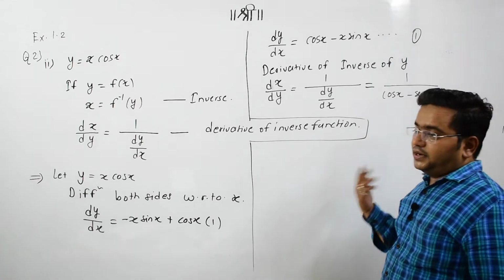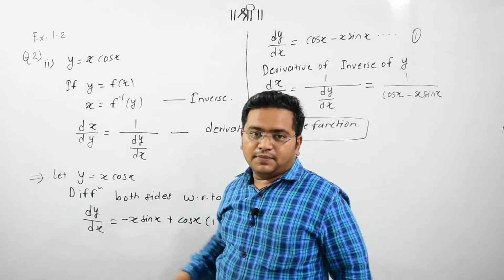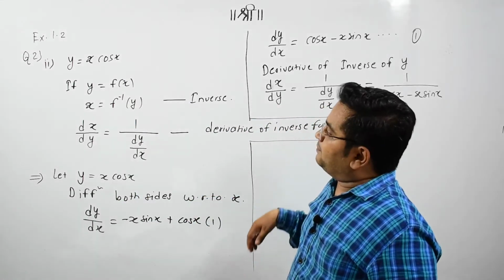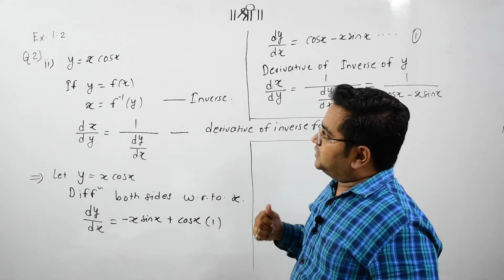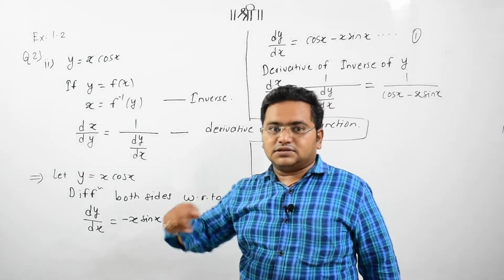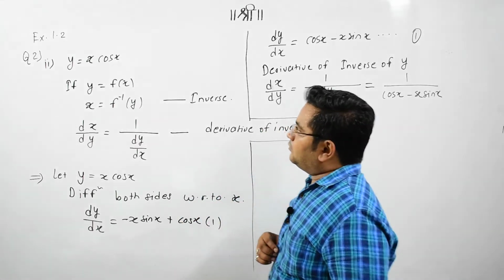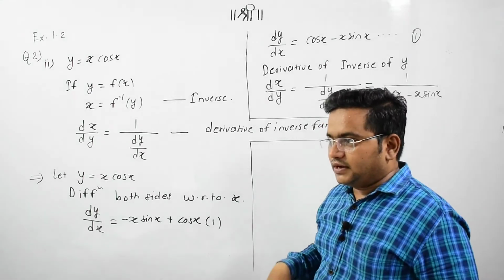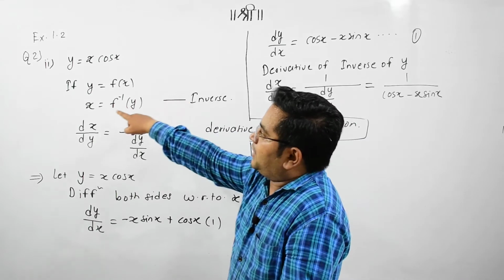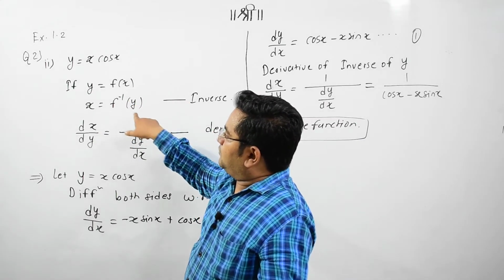If we were finding the inverse of this function initially, which contains the product of two functions, then within this composite function it is quite difficult to find the inverse. The most important point is that. Now what do we need to do? We need to find its inverse, then differentiate it. So if I consider y is equal to f of x, then I consider that x is equal to the inverse function of y.